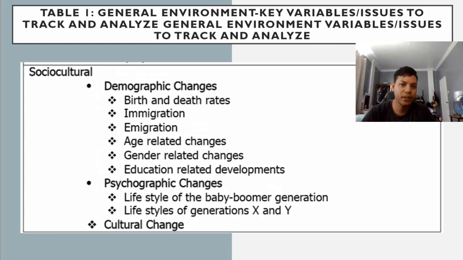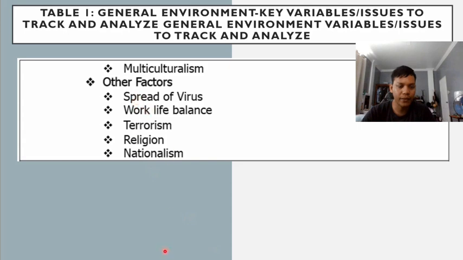And also, it affects the socio-cultural. So there are categories in the sociocultural. We have demographic changes, psychographic changes. We also have cultural change and other factors.